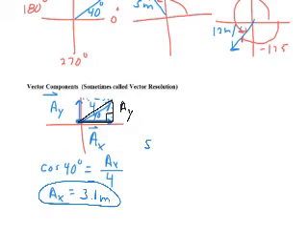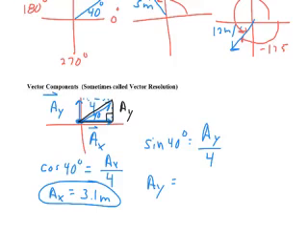So if I take the sine of 40 degrees, that will be a sub y over the hypotenuse of 4. And to solve for a sub y, it'll be 4 times the sine of 40. And that is 2.6 meters. So those are our two components.